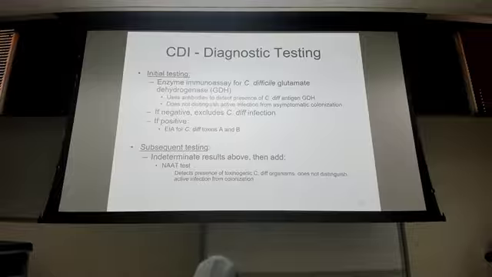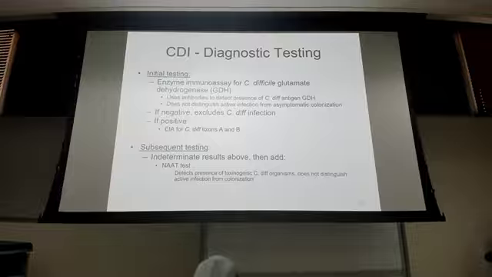Subsequent testing, if those 2 steps are indeterminate. If they're negative, they're negative. If the GDH is negative, you don't have to pass go, right? It's not CDI. But if GDH is positive and you don't get a full result on the EIA for the toxins, then for indeterminate results, we'll add the NAT test, which is going to look at the toxigenic C. diff organisms.